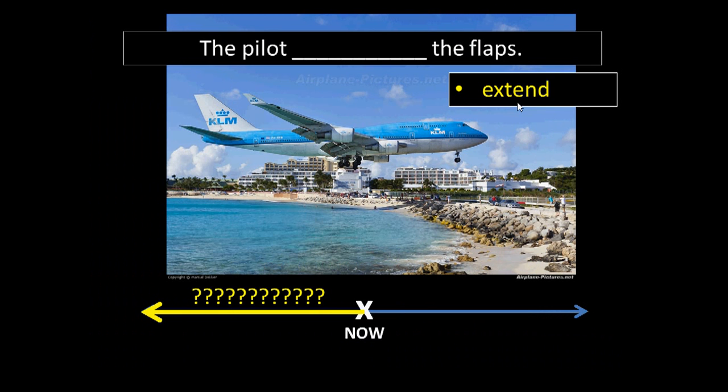So, what can we say? Right. The pilot has extended the flaps. When did he do it? Well, we don't know exactly. Maybe a minute ago or 2 minutes ago, something like that. So the pilot has extended the flaps.